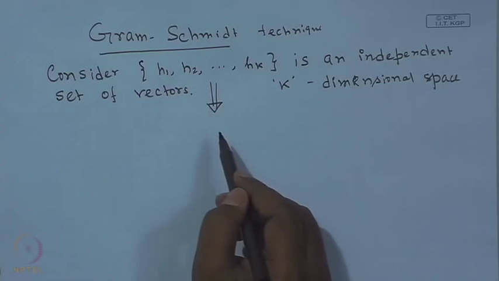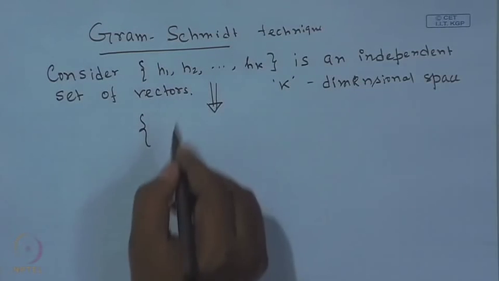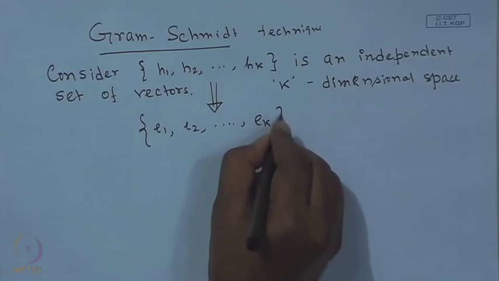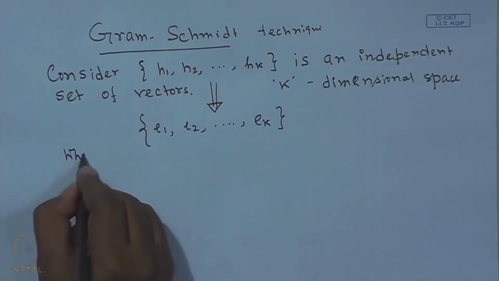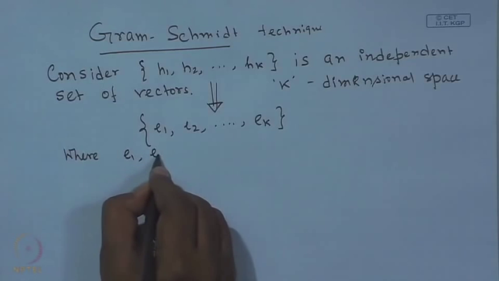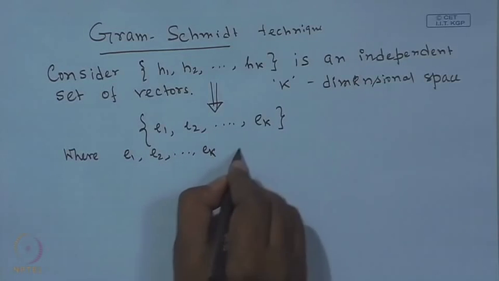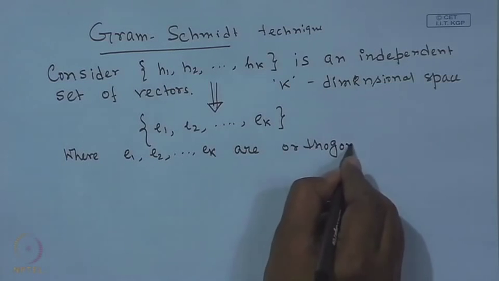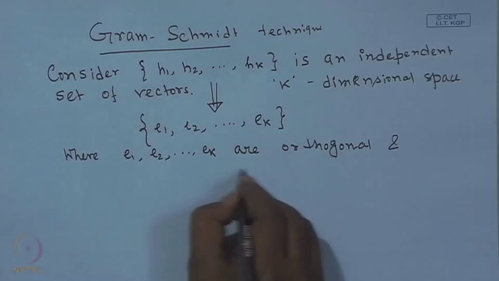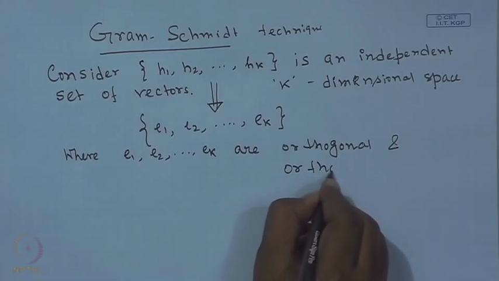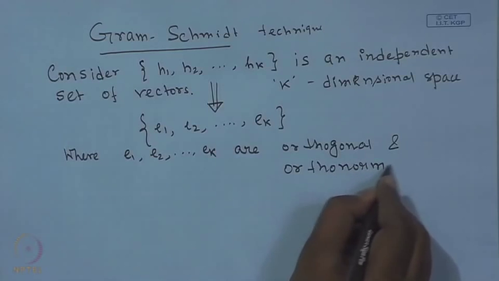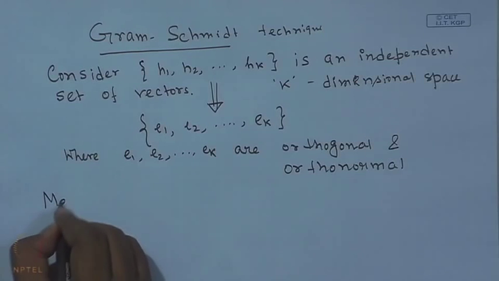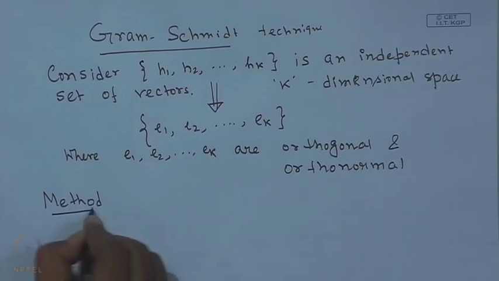So, from this set we will be getting another set of vectors, E 1, E 2 up to E k, where E 1, E 2, E k are orthogonal and orthonormal both.